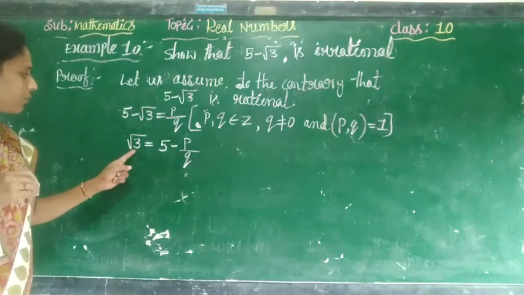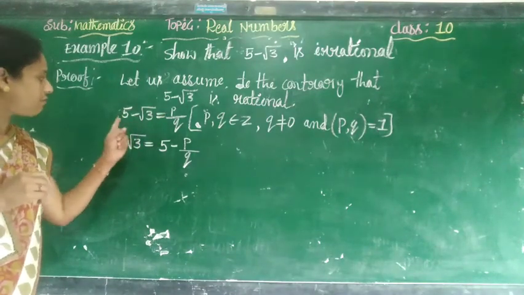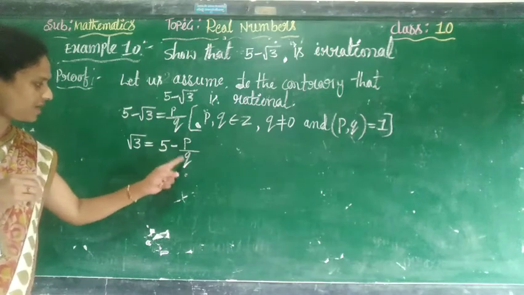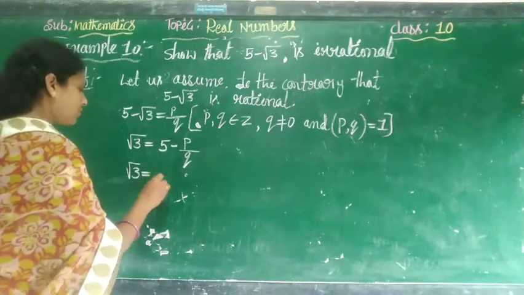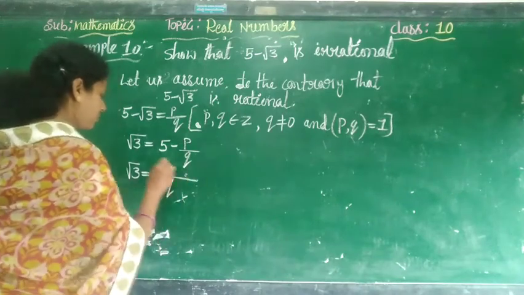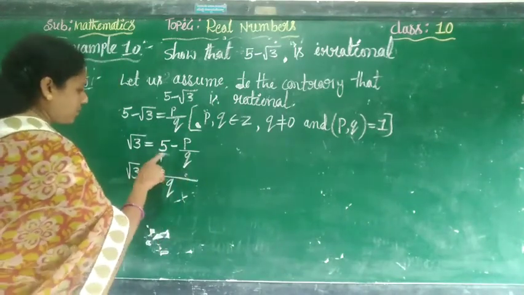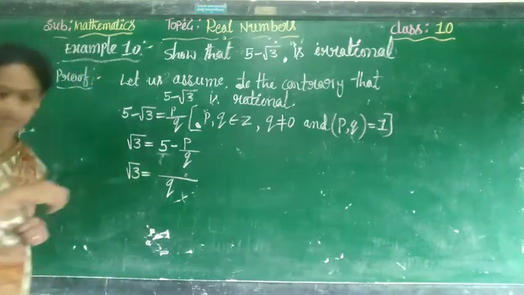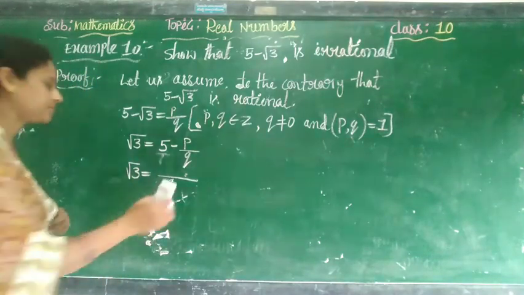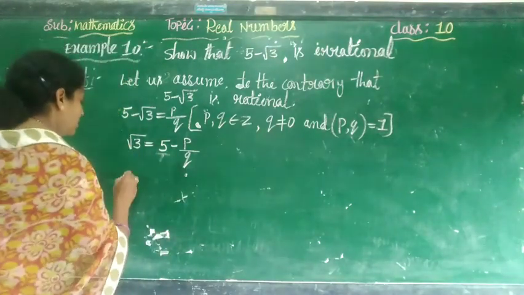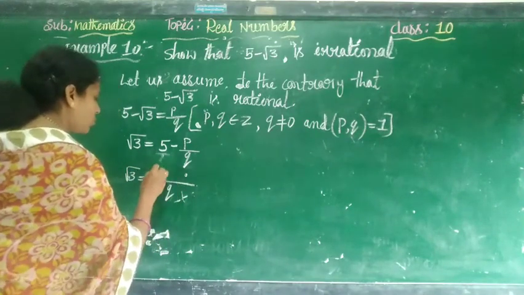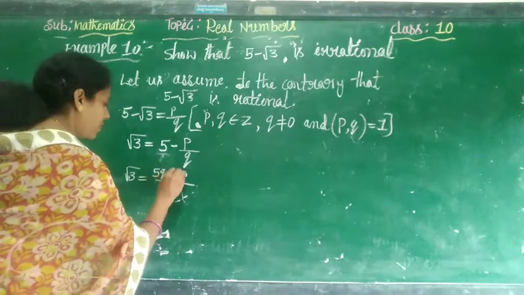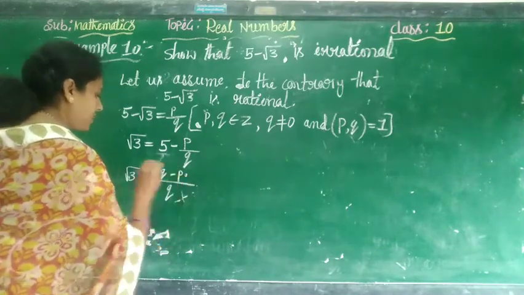Take LCM, q ones are q, 5q minus p. So root 3 is equal to 5q minus p by q.